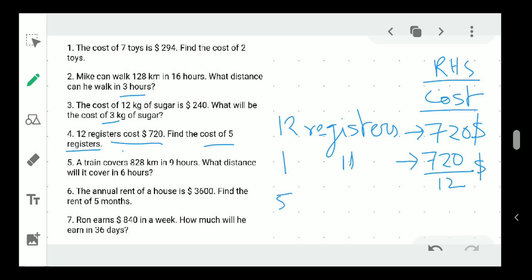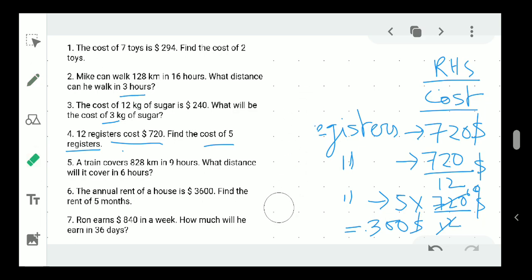So 5 registers is 5 multiplied by this whole thing, that is 720 by 12. So whatever is coming, that is the answer. So it's 60, and 60 into 5 is 300. So 300 is the answer. Okay, easy these terms are, right?